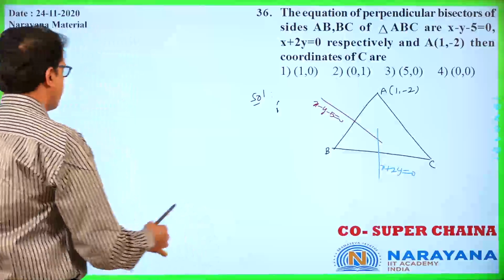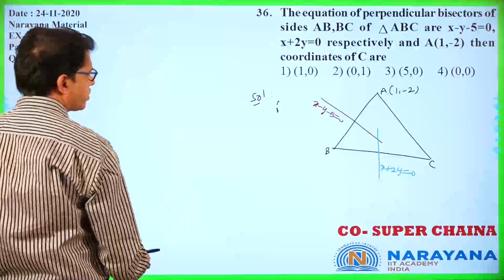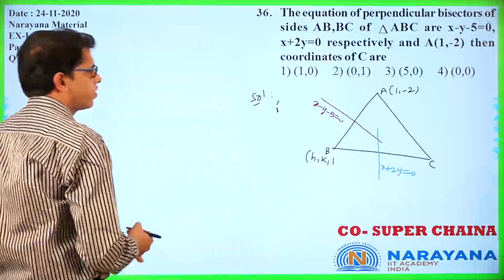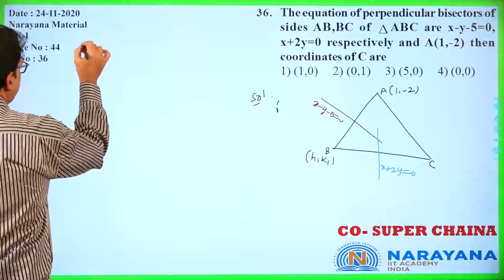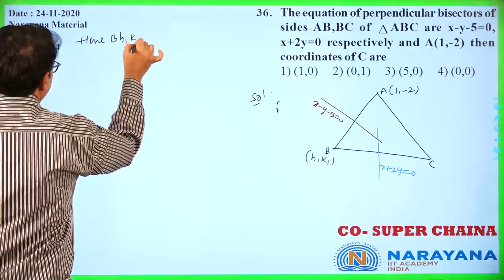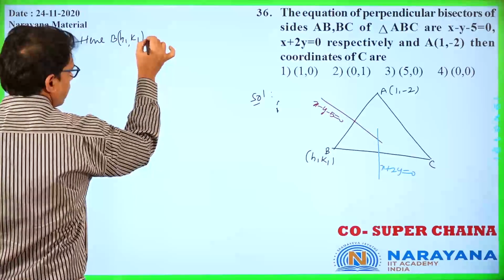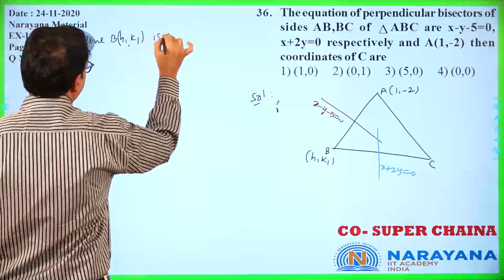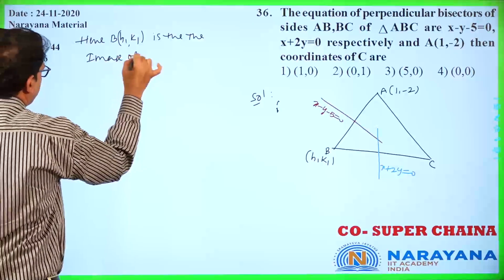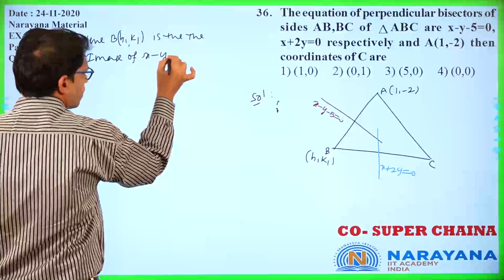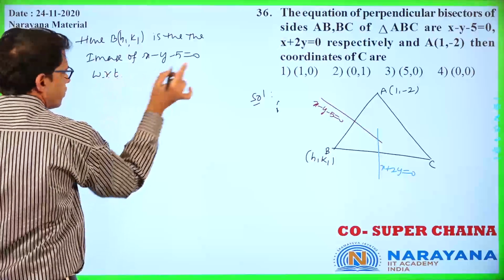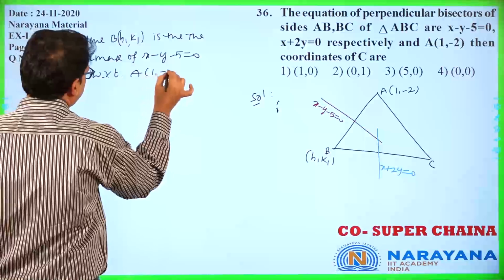Now first let us find the coordinates of B, say (h1, k1). So B (h1, k1) is the image of A (1, minus 2) with respect to x minus y minus 5 equals 0.